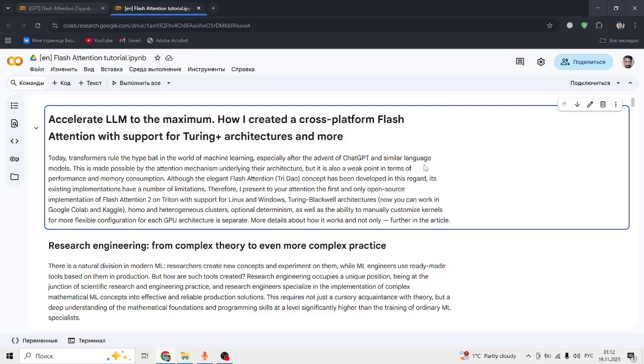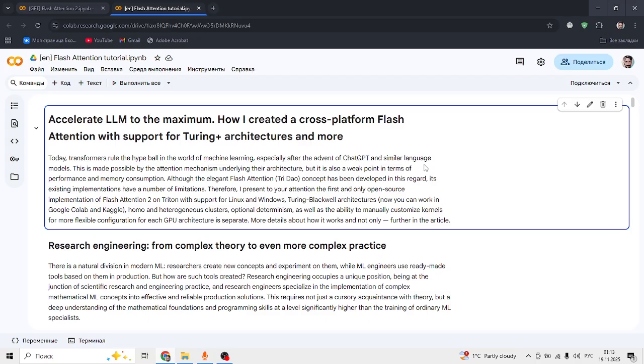So there are some improvements of this concept. One of them is called FlashAttention. It was developed by Tri Dao and his team. And also some companies or products or frameworks like PyTorch or OpenAI decided to create their own implementations, but all of them have, I would say, some huge cons.